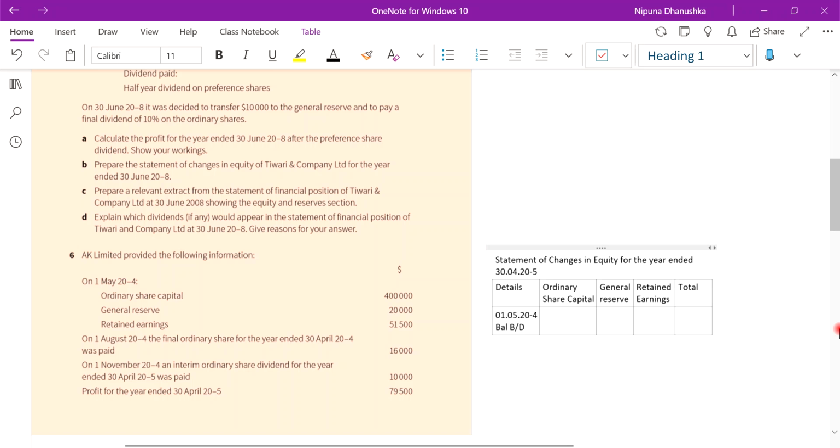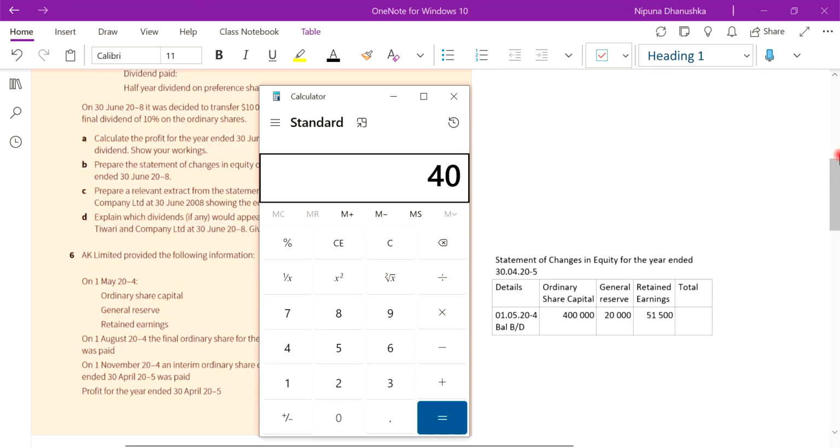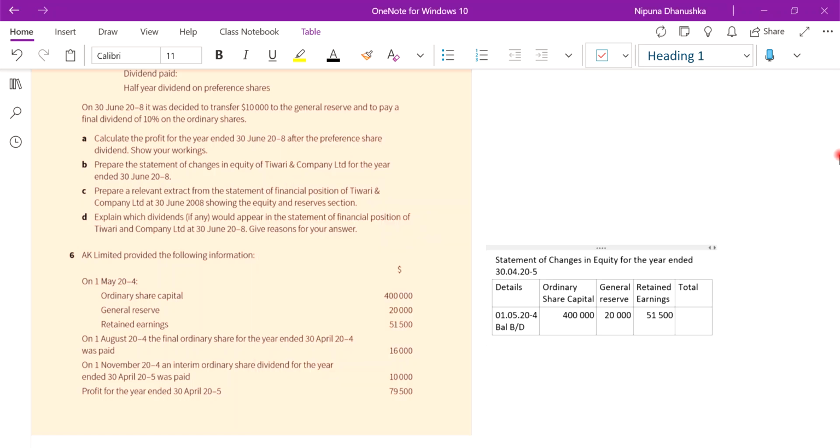Ordinary share capital 400,000, general reserve 20,000, and retained profit 51,500. So the total would be 400 plus 20 plus 51.5, 471,500. And then on 1st of August 2004, the final ordinary share dividend for the year ended was paid.